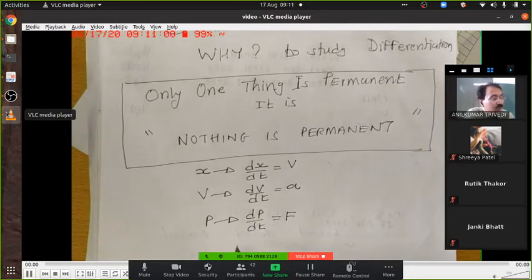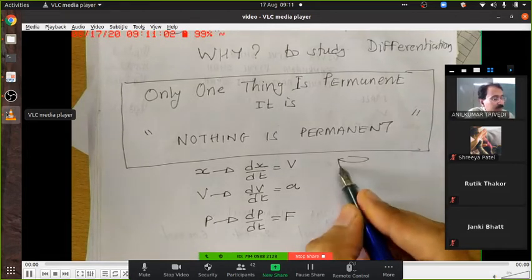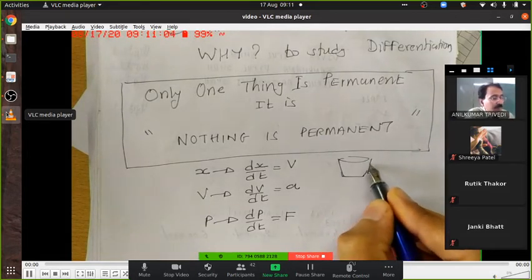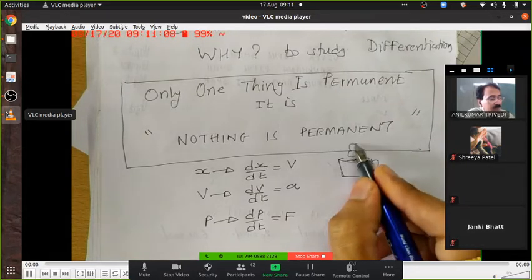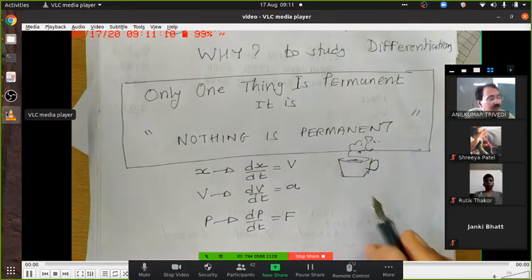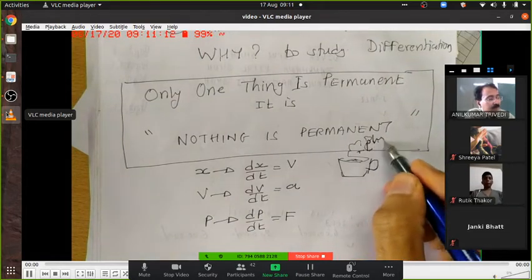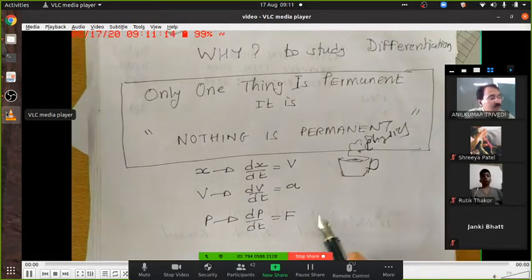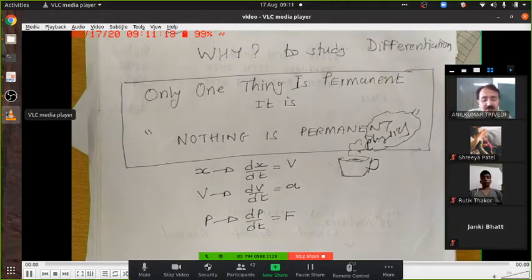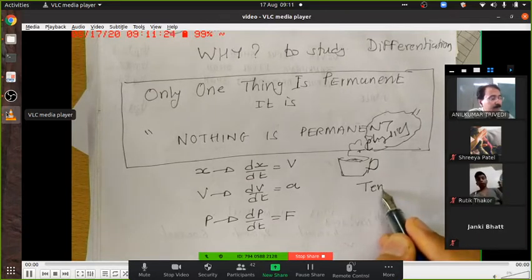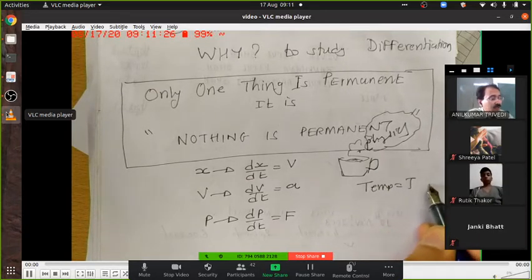Okay, you have got a teacup, and you got tea in it. It is steaming hot, right? And this smoke is coming out. Rather, steam is coming out. Will temperature T remain the same? Or will it increase? Or will it decrease?